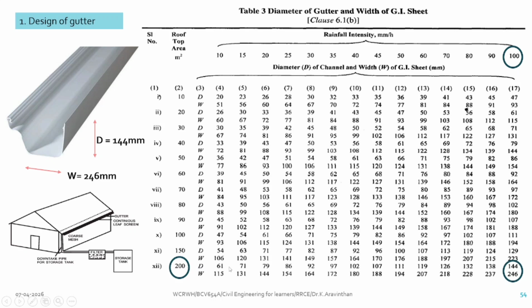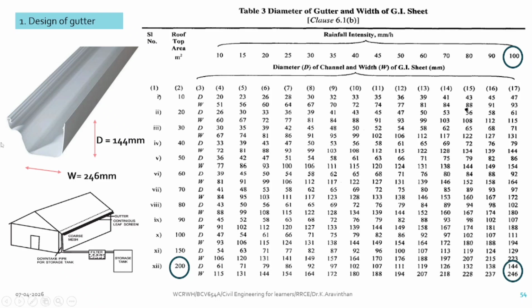If you take the x and y parameters, you can design the diameter and width of the gutter. Diameter is 144 and width is 246 required. This material can be of GI sheet, PVC or bamboo, etc.